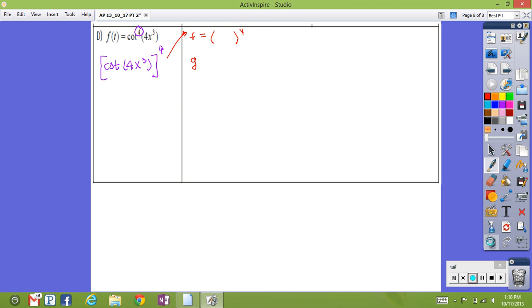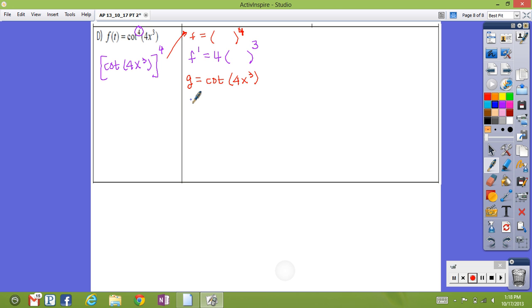Oopsie, let me give myself a little more space and make sure that that's clearly a 4. My g, let's do the setup both in red. So my g is equal to cotangent of 4x cubed. So, in purple, f prime would be 4 parentheses cubed.